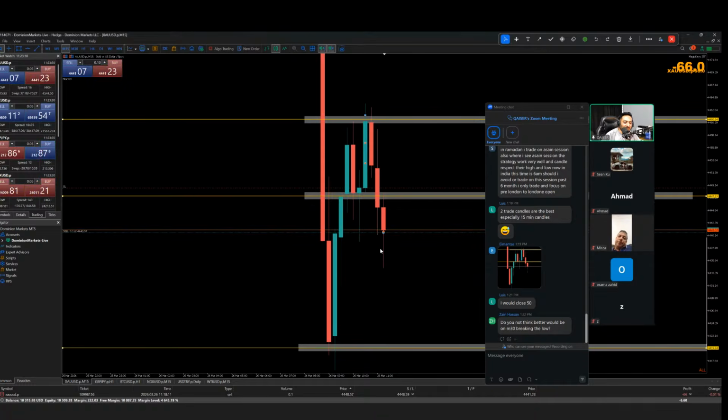Just wait, wait, just wait. There's almost 7 minutes left for this candle to be closed. It just came back to my break even. I'm holding on with this one. I am blaming my structure actually right now. Let's see.